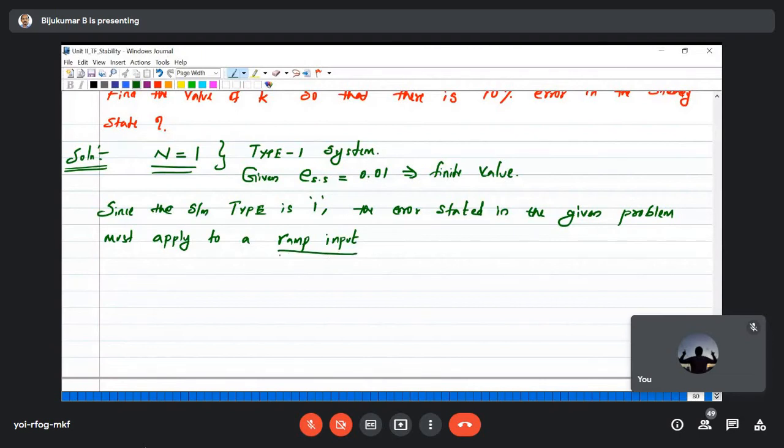Clear? So now everything is clear. Our input is a unit ramp reference input.